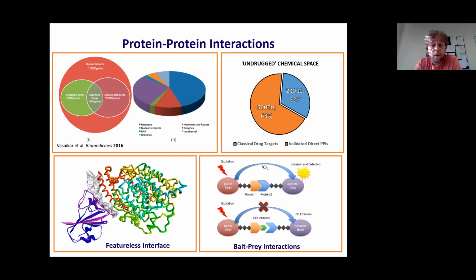So to sort out the bioassay problem, this typically results in the development of these bait-prey interactions where you'll get either formation or disruption of a protein-protein interaction and subsequent fluorescence or fluorescence quenching in the presence of an inhibitor. This has, of course, also been very successful. However, it does have its own drawbacks.